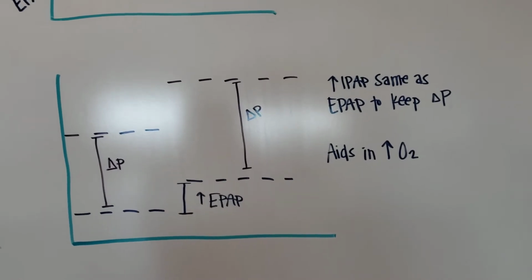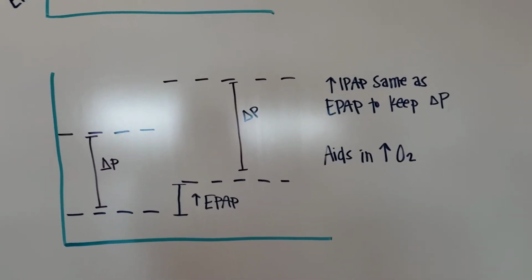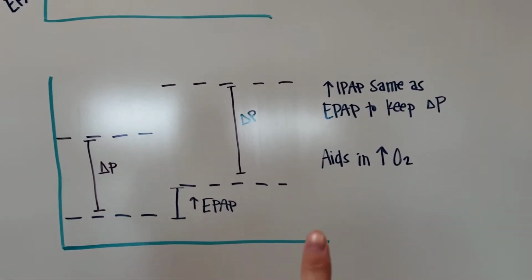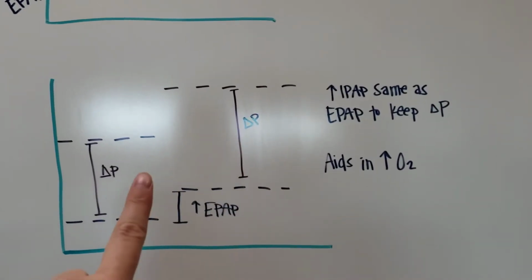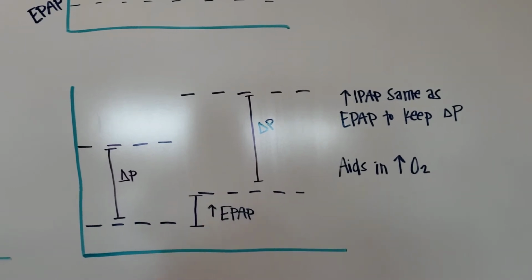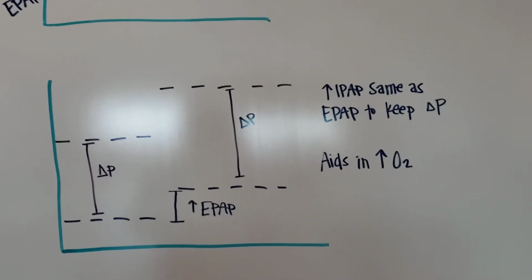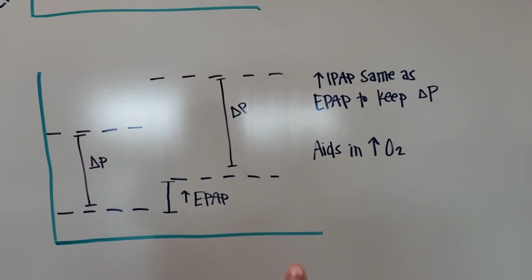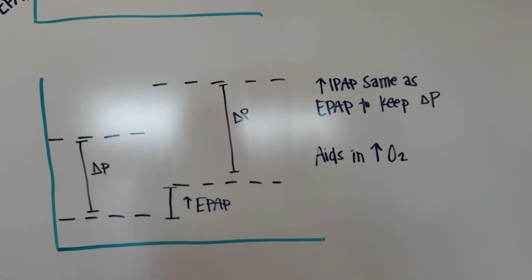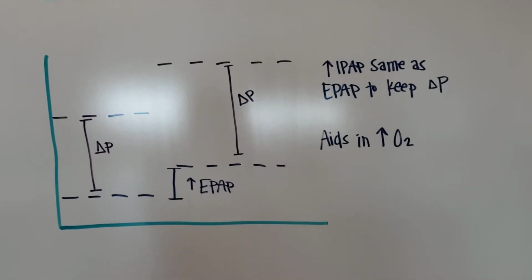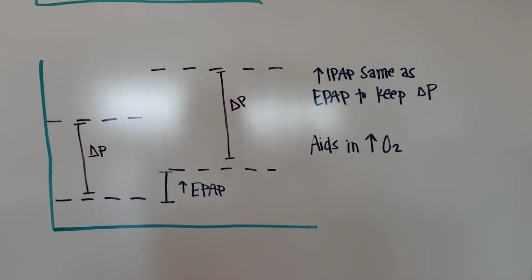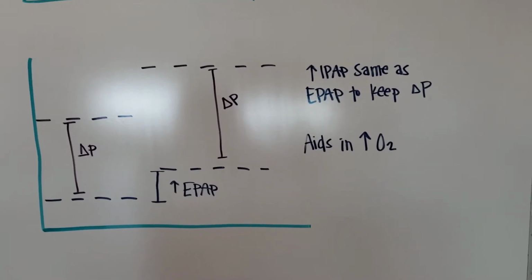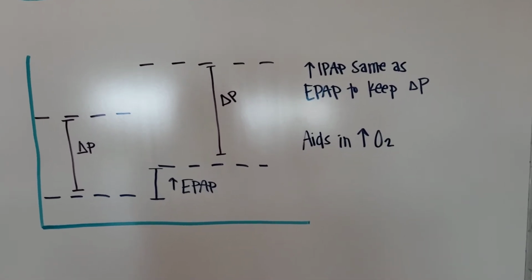So if we have a patient with atelectasis, for example. But if we just change our EPAP, but not our IPAP, we would change our delta P, or our change in pressure. So if you increase your EPAP, you need to change your IPAP the same distance if you are happy with ventilation. For example, let's say I have a patient with an EPAP of 8 and I increase it to 10. So I change it by 2.